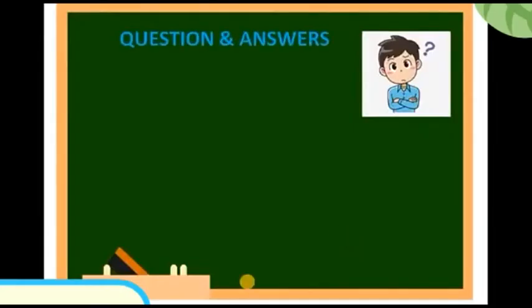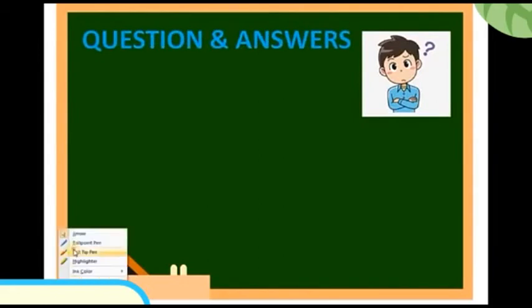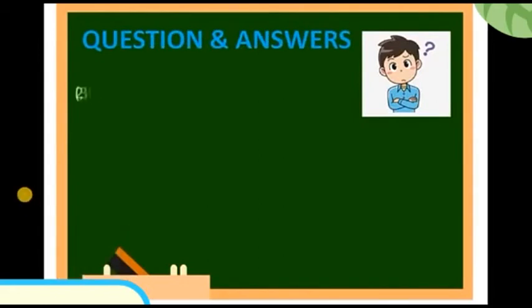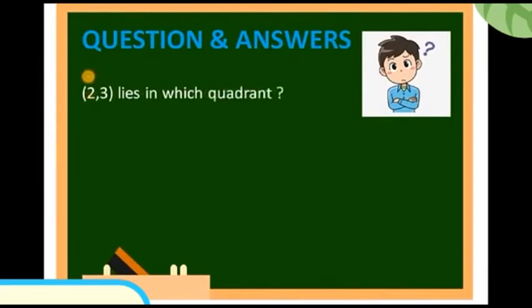Children, this is the time for discussing some question answers. First question, (2, 3) lies in which quadrant? Here, 2 is positive and 3 is also positive. So, it lies in quadrant 1. Second question, (3, -4) lies in which quadrant? 3 is positive and -4 is negative.